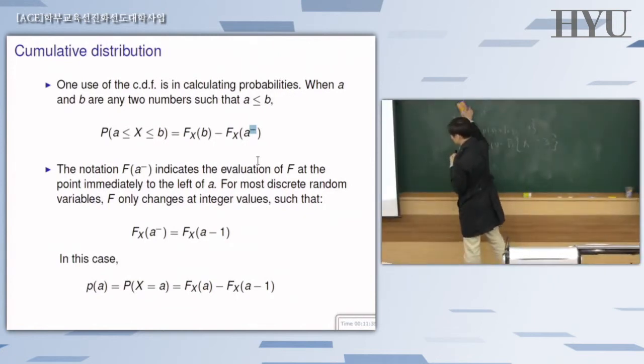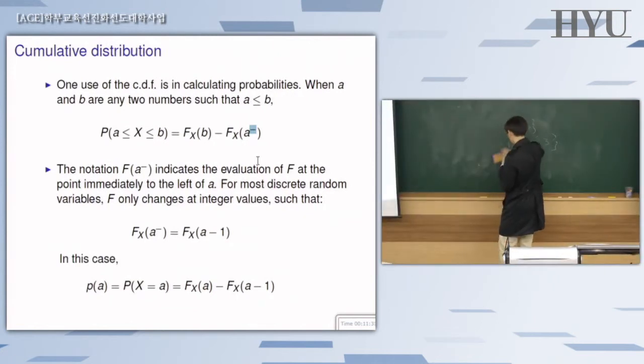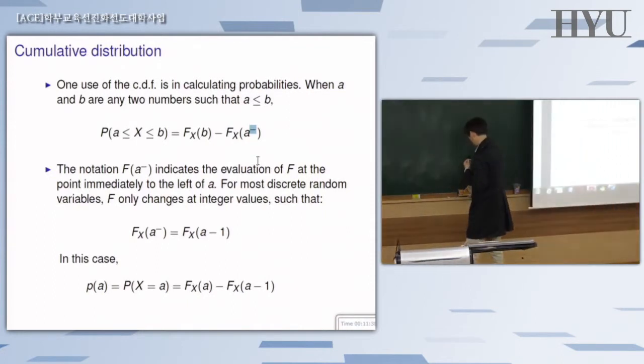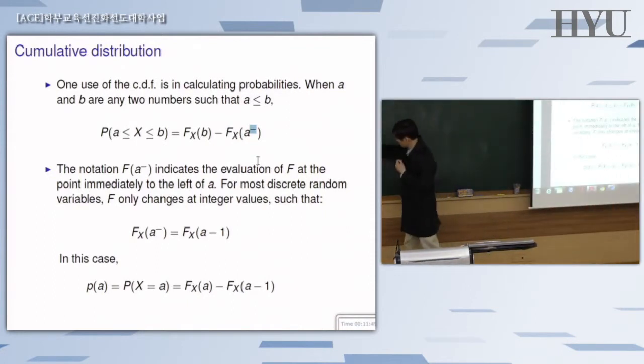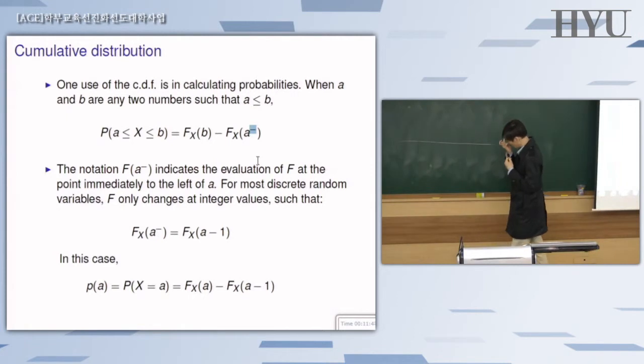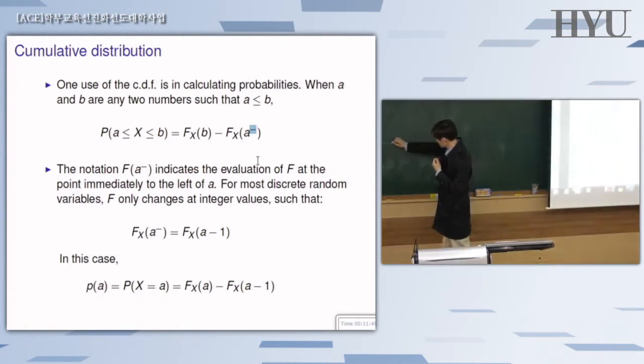So if I explain this on board, I'll draw a real line and pick any random number on it. Could be like a, some number. You approach this a from the right hand side and stop just before this. Not exactly the same as a, but extremely close. And that's a plus.